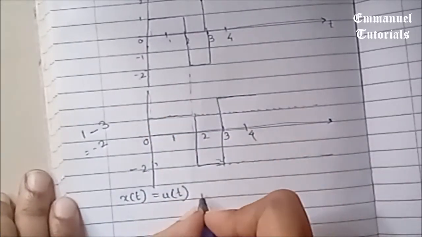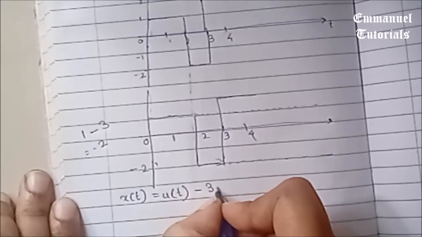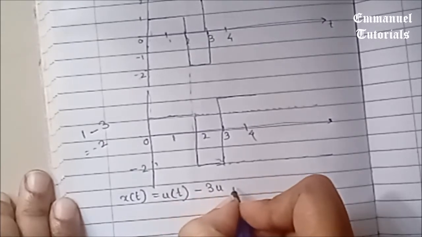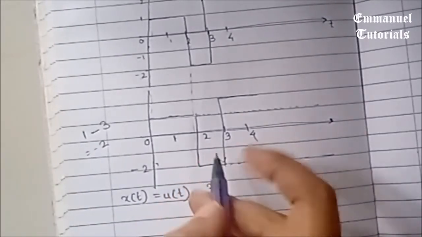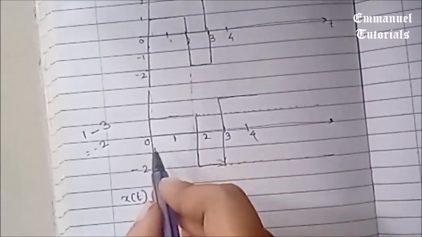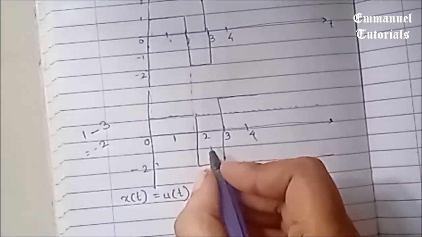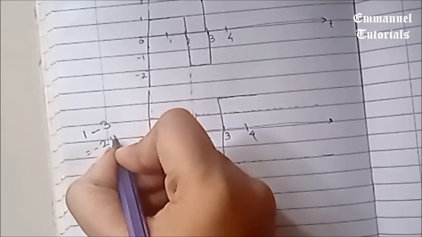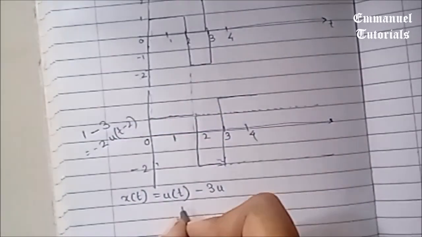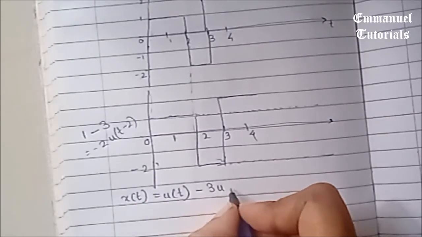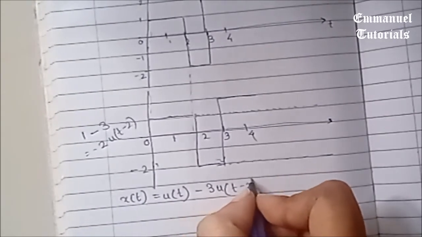So what we'll do is u of t minus 3 times u of t. And also it's not only u of t, it is a delayed version of u of t, right? It's starting from 2, so it will be u of t minus 2. So u of t minus 3 times u of t minus 2. This is for the second portion.